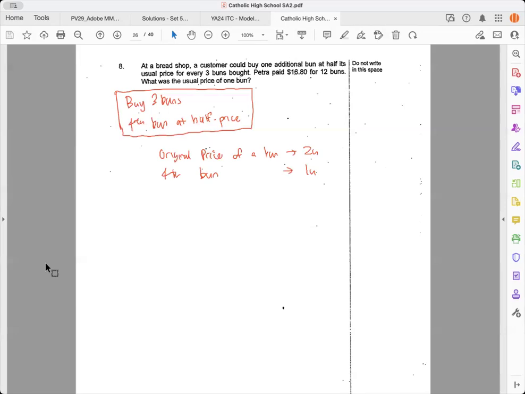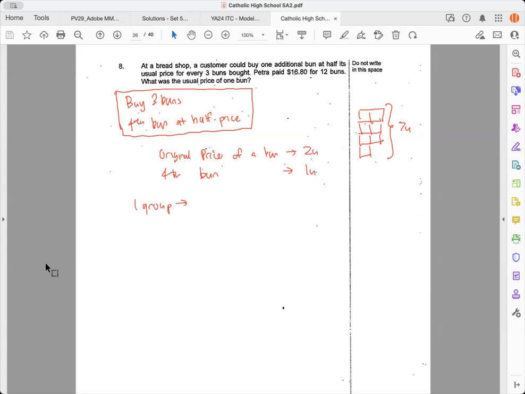So if you draw a model, it looks like that. The 1st bun, the 2nd bun, the 3rd bun. That's the price of the first 3 buns. And the fourth bun is 1 unit. So the value of one group is made up of 7 units. Mathematically, you can write it this way.